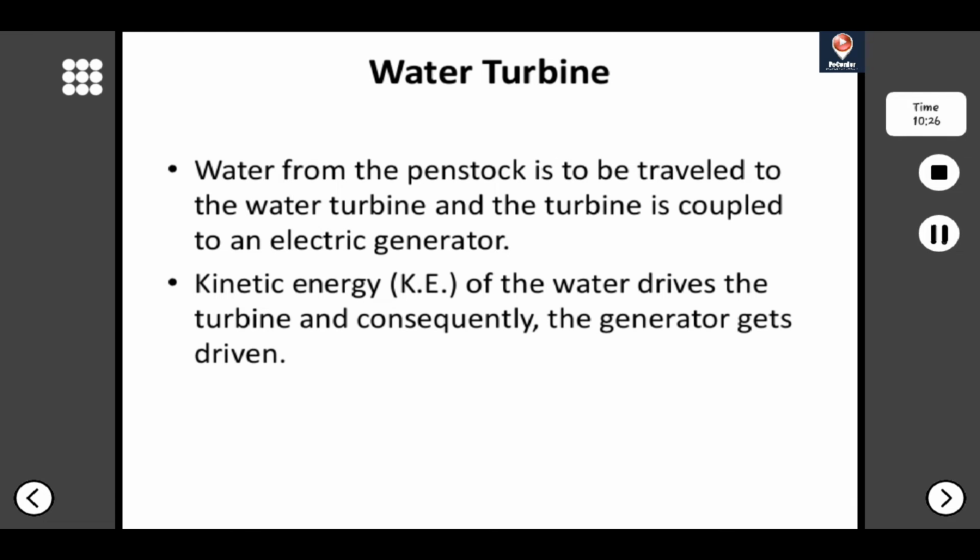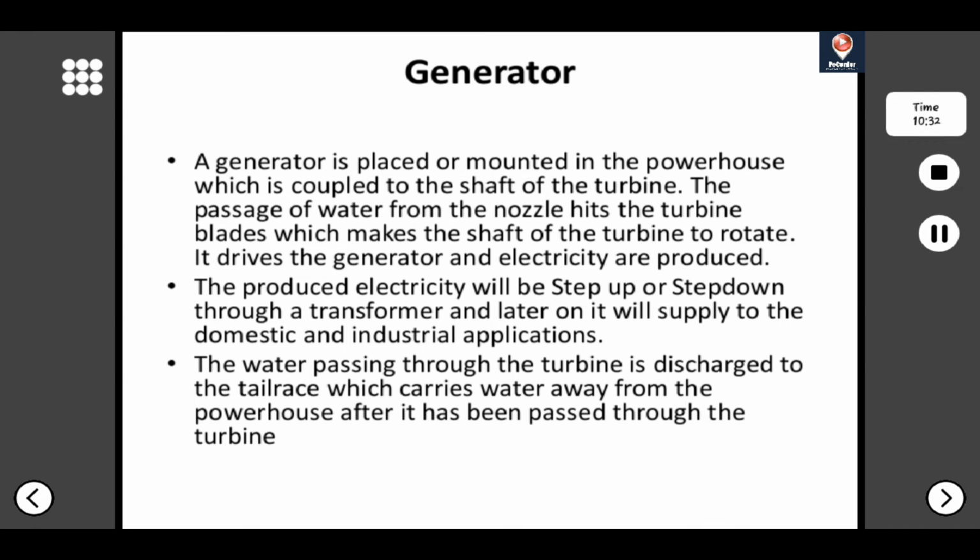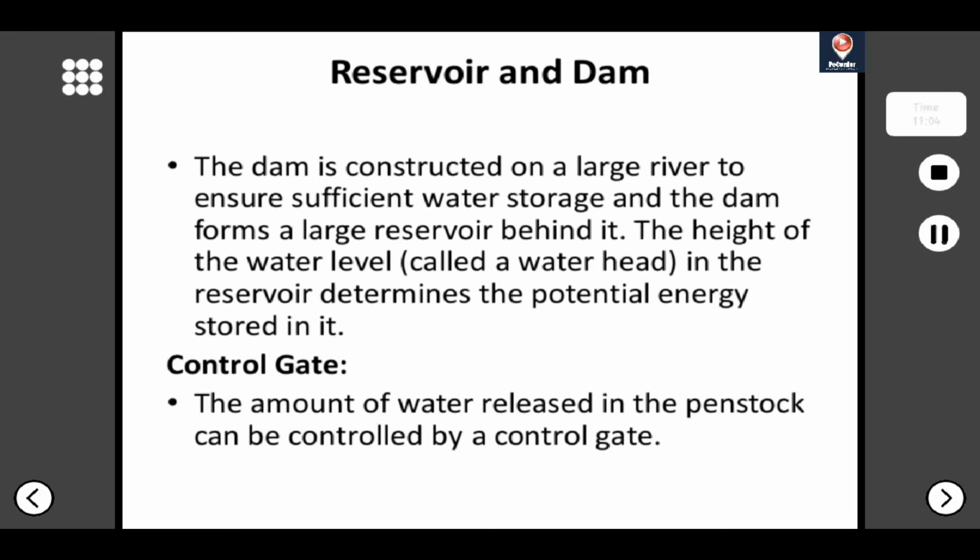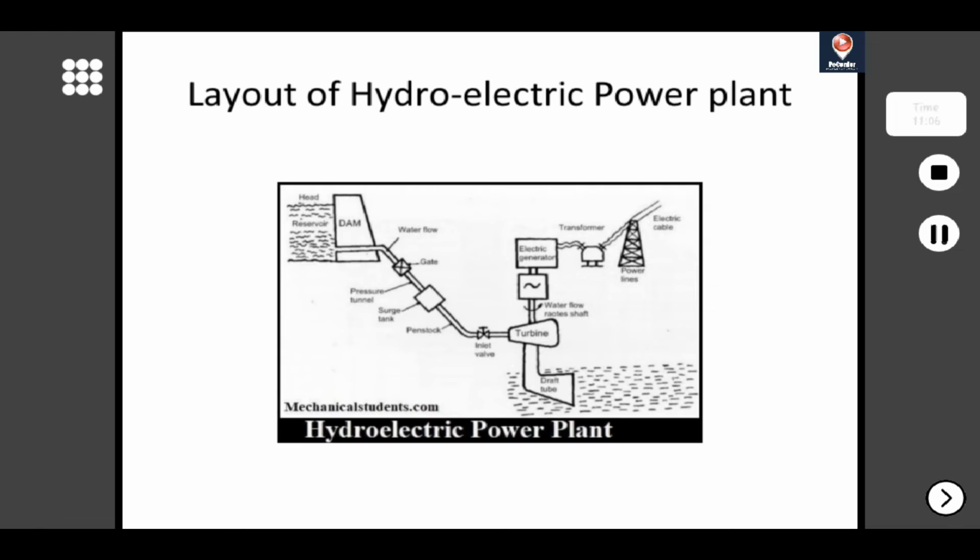And the next component is the generator. Our ultimate aim of this power plant is to generate electricity. Here the turbine shaft is connected to the shaft of the generator. So here in the generator, mechanical energy is converted into electrical energy.